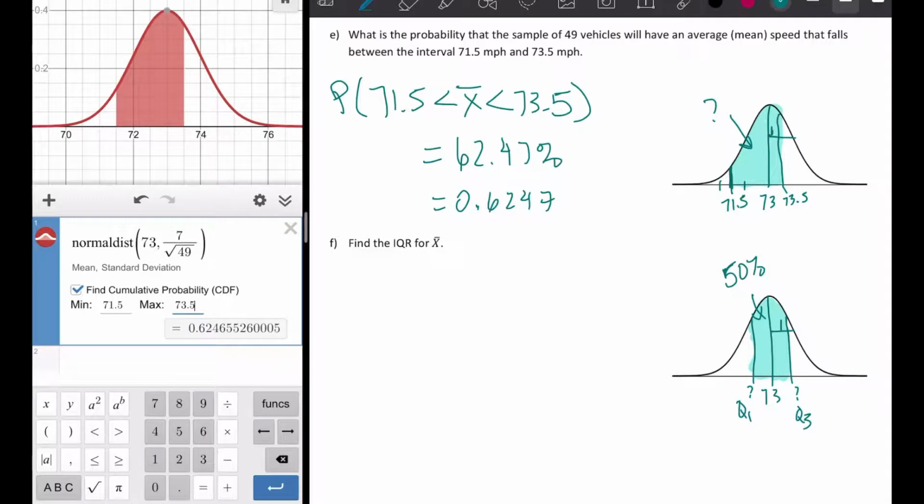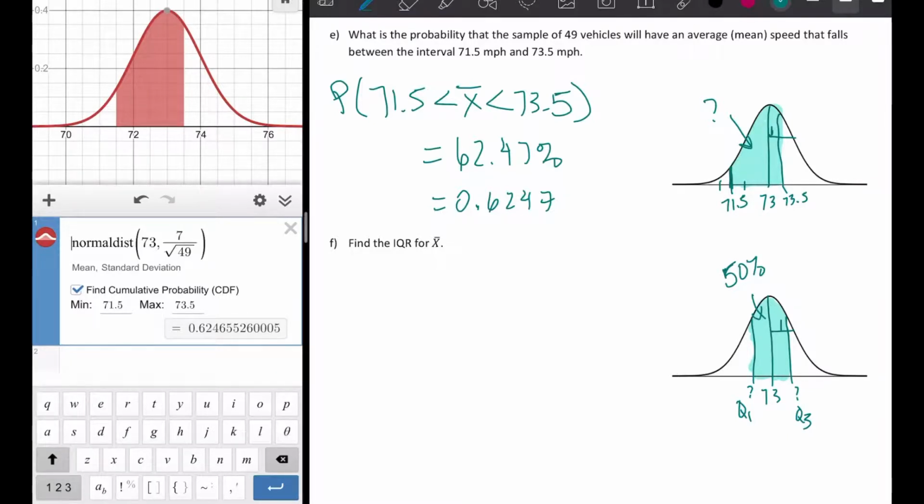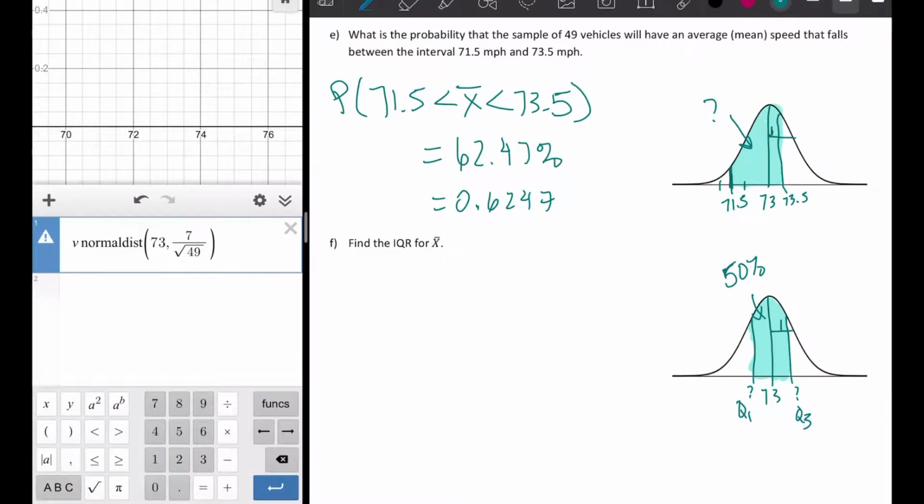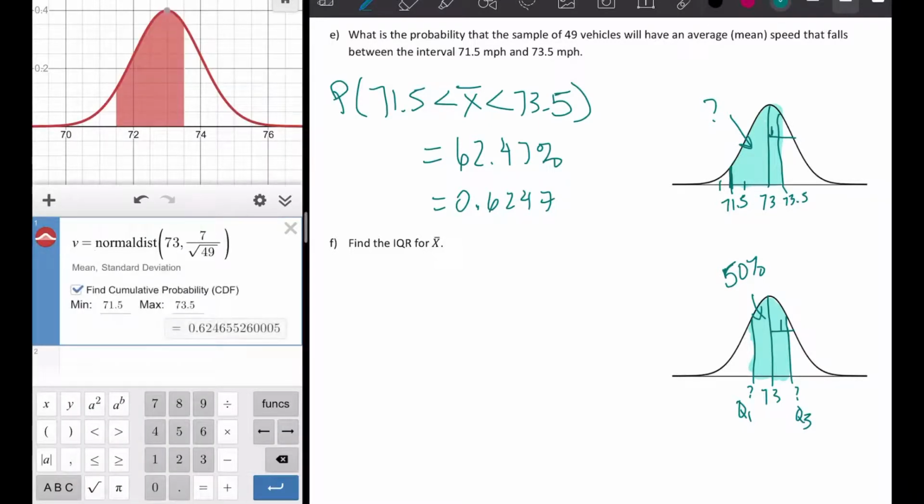Let's just go ahead and go over to the calculator. To do this, I need to give the normal distribution a name. I'm going to tap in front because I need to give it a specific letter. Since we're talking about vehicles, let's do V. V equals. Why not? Pick your favorite letter. I'm going to do V today.